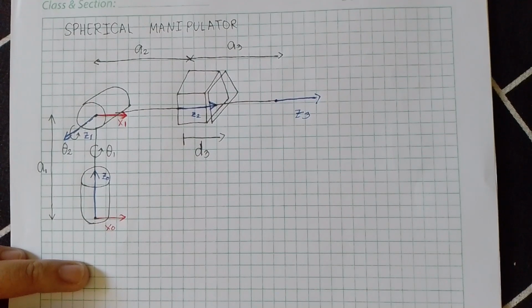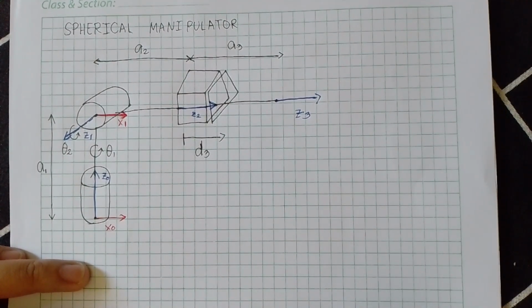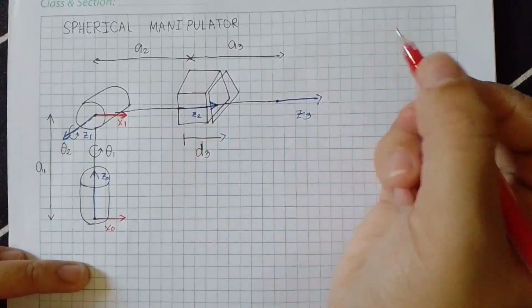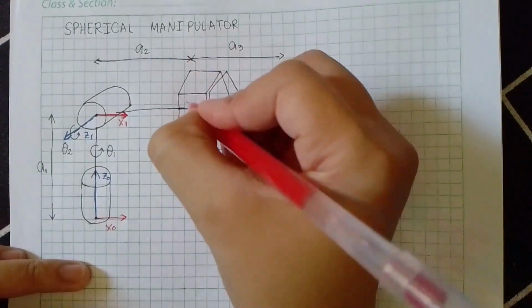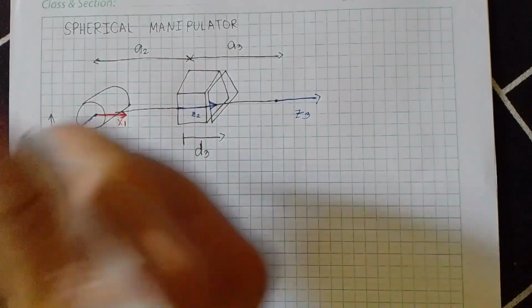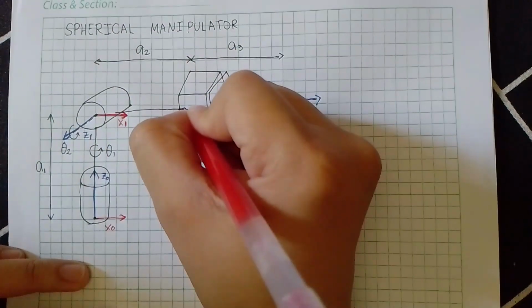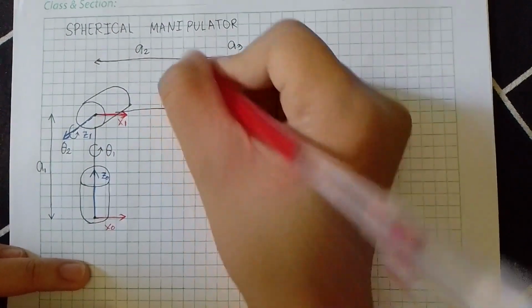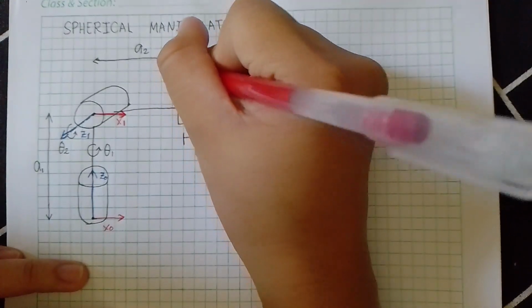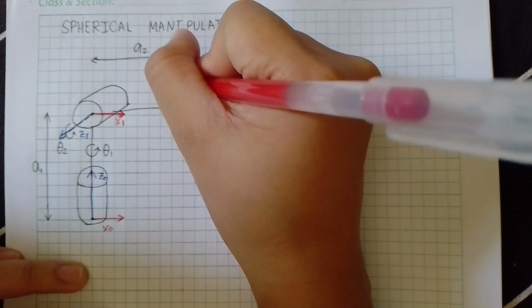We can see that the x-axes are perpendicular to both their own z-axis and the z-axis before as well. Then x sub 2 must be pointing upward also. This is upward. X sub 2.